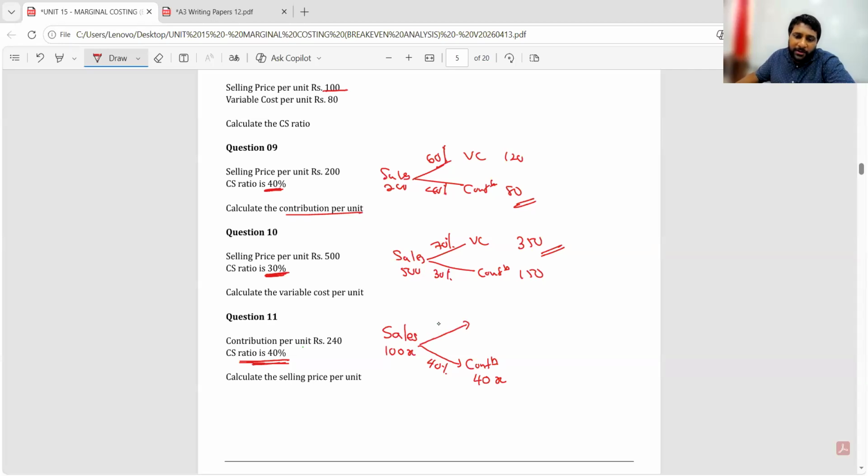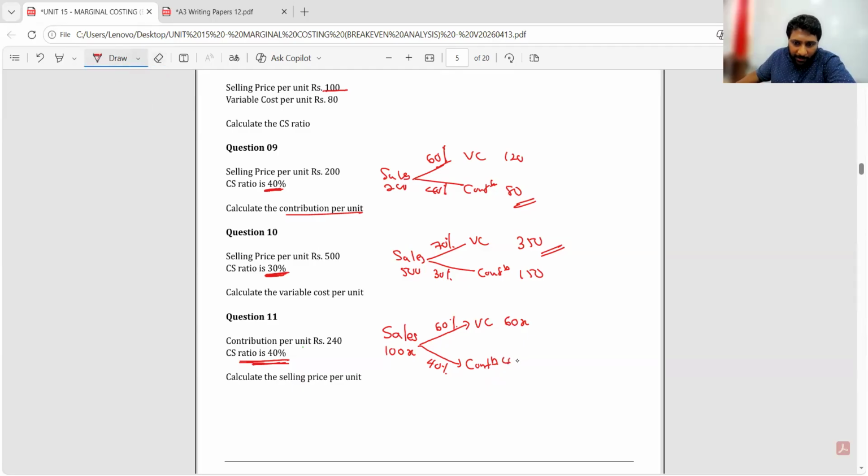How much should be my variable cost? 60%. Then variable cost should be how much, people? 60x. Yes or no? Then look carefully, I have given the contribution. Contribution is given as 240. So 240 is the value of 40x. Yes or no?